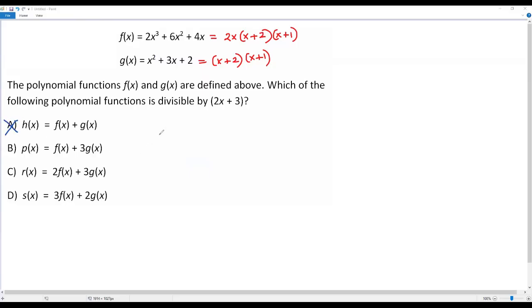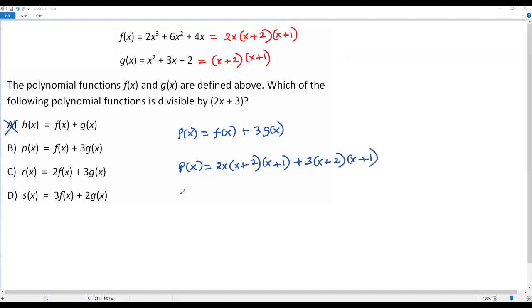We can check answer choice B, that is p(x) equals f(x) + 3 times g(x). For f(x), we have the factor form 2x times (x + 2) times (x + 1), plus 3 times the factor form of g(x), that is (x + 2) times (x + 1). Again, we can factor (x + 2) times (x + 1) out from these two terms.